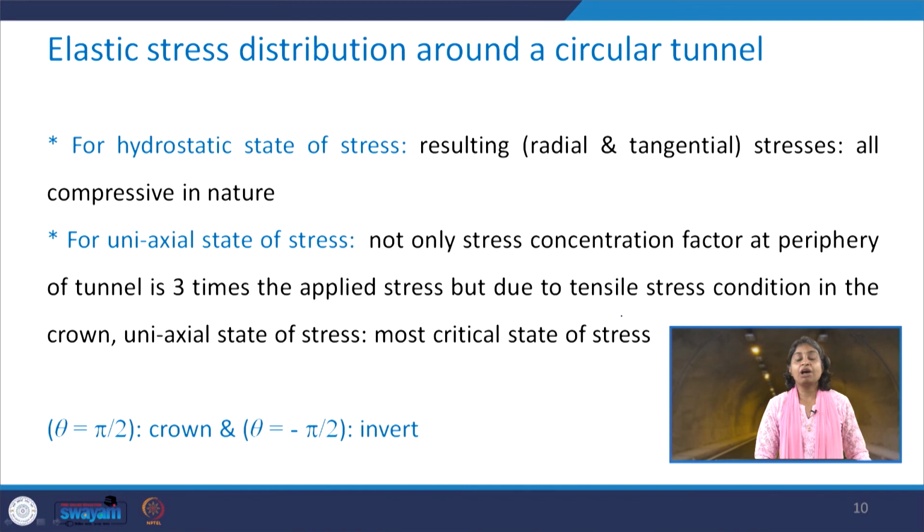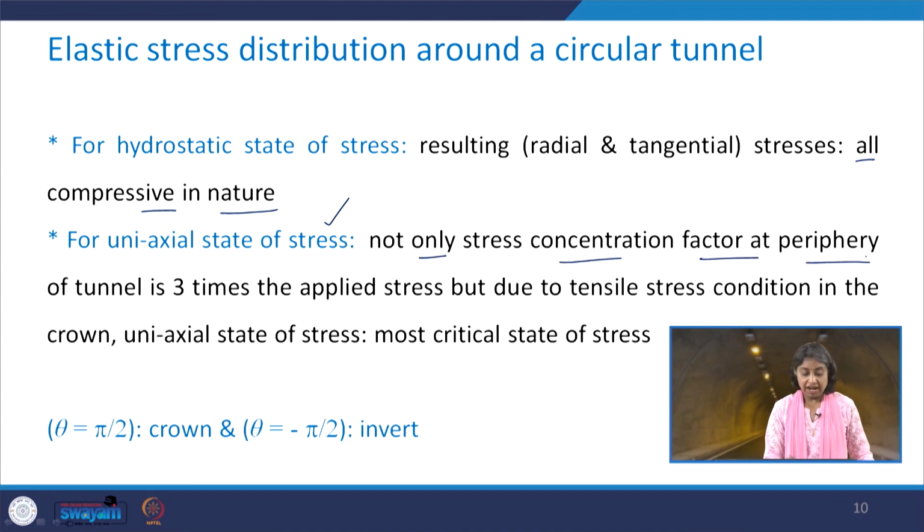Now, in case of the hydrostatic state of stress, the resulting stresses, both radial as well as tangential, we have seen were all compressive in nature. So, for the uniaxial state of stress, it is not only that the stress concentration factor at the periphery of the tunnel is 3 times the applied stress, but due to the tensile stress condition in the crown portion, this uniaxial state of stress becomes the most critical state of stress.